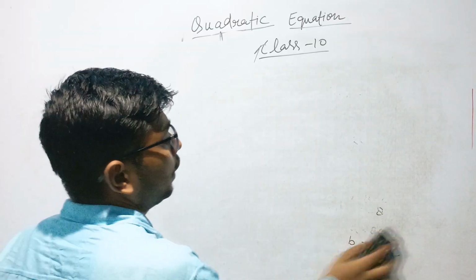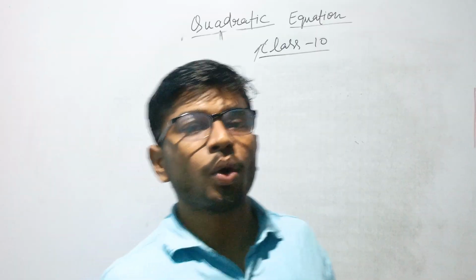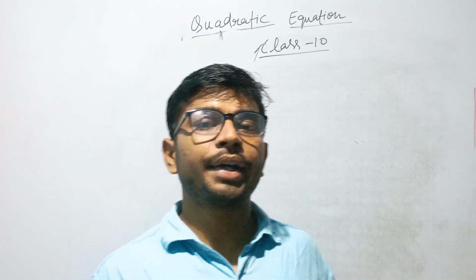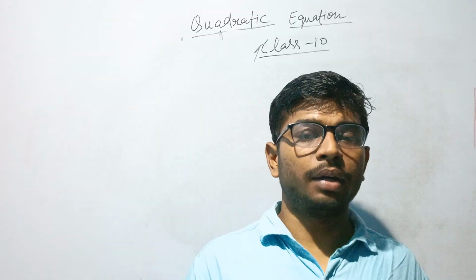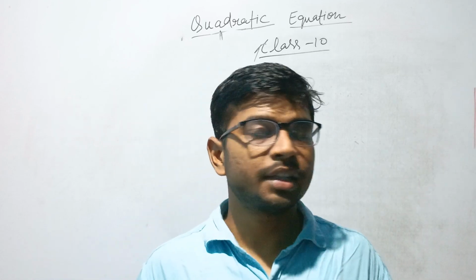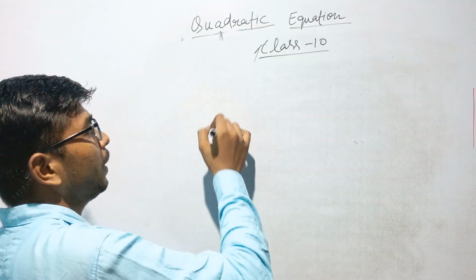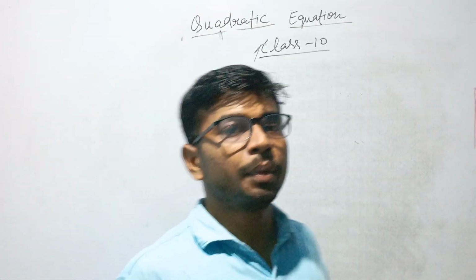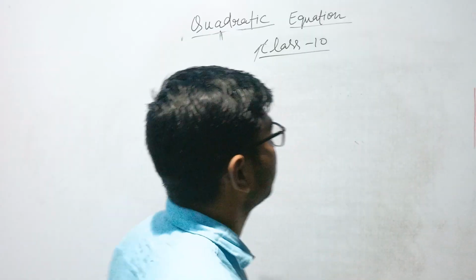Now one more important thing in quadratic equations, there is a quadratic formula. This quadratic formula is known as Sridharacharya formula, named after the great Indian mathematician who made this formula, right? So this is also known as the quadratic formula, but the one who really made it was Sridharacharya. Okay, so what is the formula?